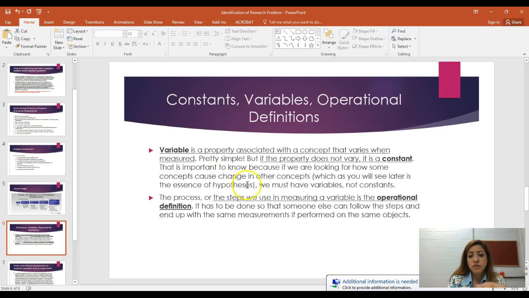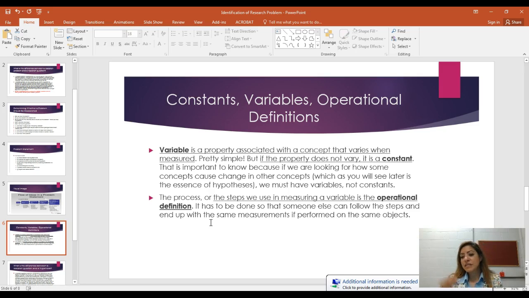The process or the steps we use in measuring variables is called the operational definition. When you tell me you're going to do the implementation of the research, you're going to do this first, then the students will take this test, and then you'll start with the strategy by doing this and that, and the students will work independently, then work cooperatively.